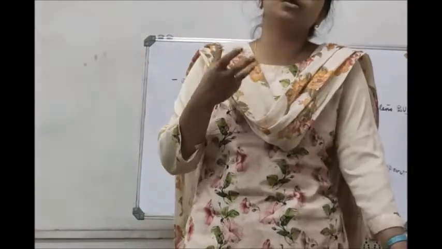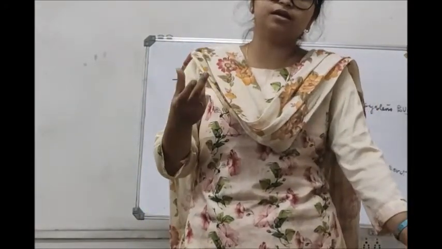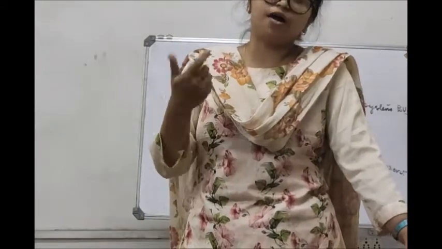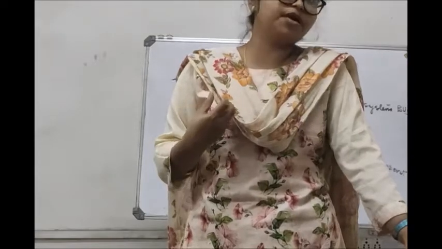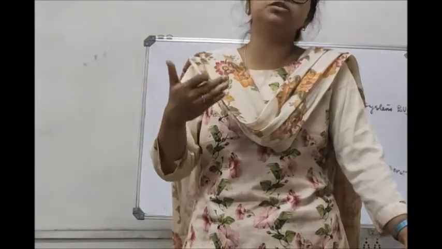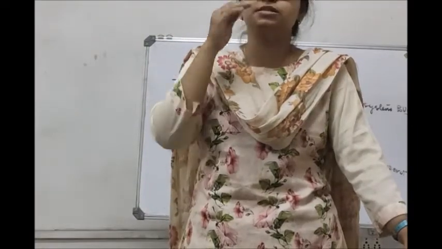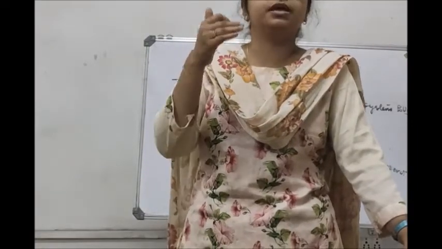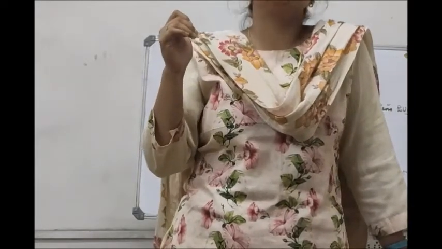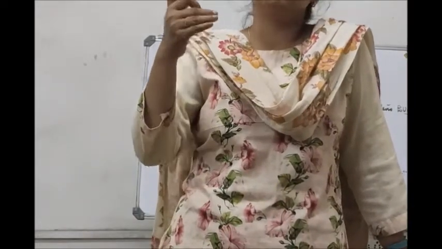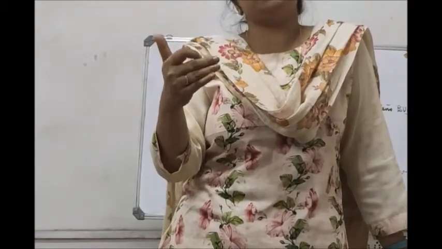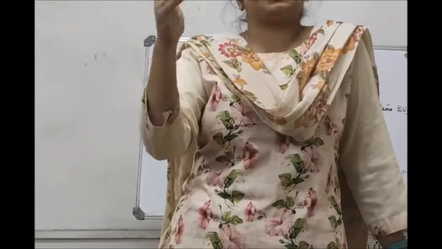The DMA controller sends a signal called DMA request to CPU. After CPU gets the DMA request, it grants the system bus to the DMA, saying you take charge of the system bus, I am leaving the system bus. So the CPU will send a positive acknowledgement of bus grant.